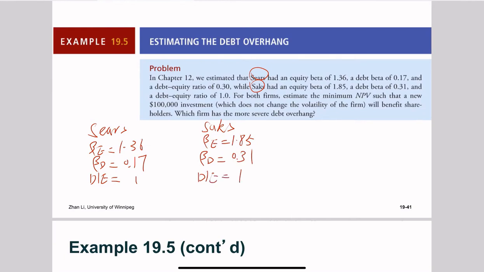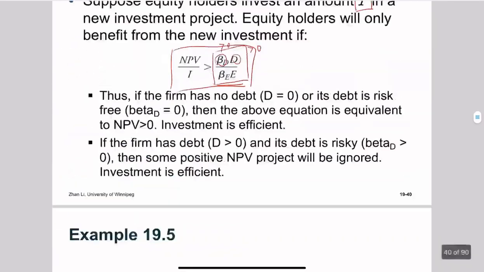So now we want to estimate the minimum NPV such that a new 100,000 investment will benefit shareholders. So what we can do here is use this formula.